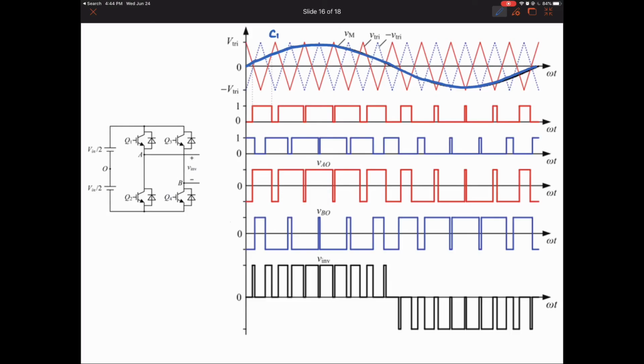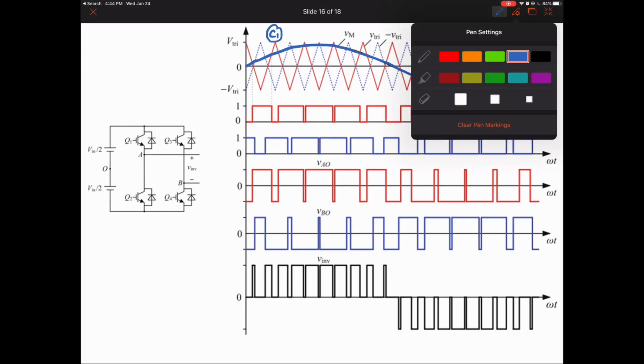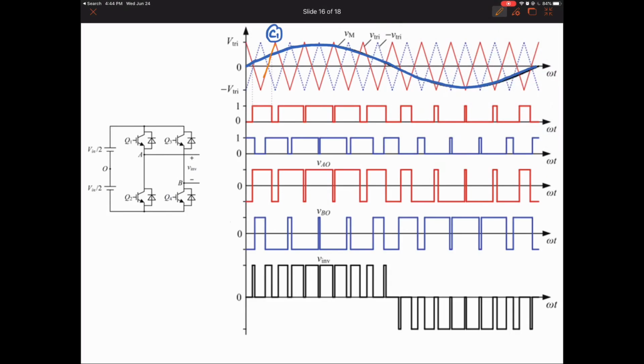This is carrier, let's suppose 1, this triangular waveform. Let me highlight this one. This is the first carrier and the dotted one is the second carrier. So we have two carriers, and from these two carriers we are going to generate two sets of pulses. So this is the first set of pulses that is generated by comparing the reference with carrier 1, and let's suppose it is applied to our switch Q1.